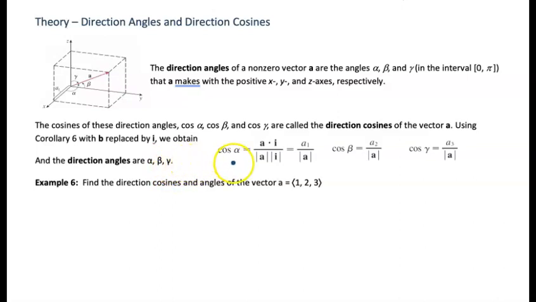Now how do we find these? Well, we can find them using our direction cosines, however you want to say that. So we have this formula here, and where does that come from?